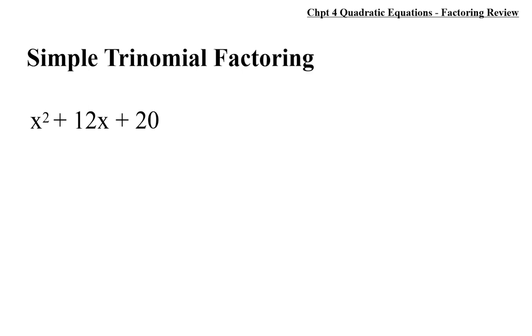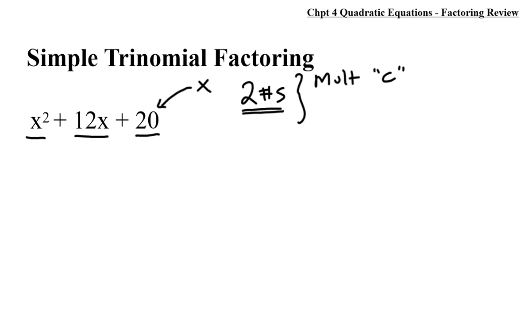Again, simple trinomial, x squared, an x term, and a constant. We need to find two numbers, and the two numbers have to multiply to the c value, but they also have to add to the b value. So I need two numbers that multiply to 20, add to 12 in this case.